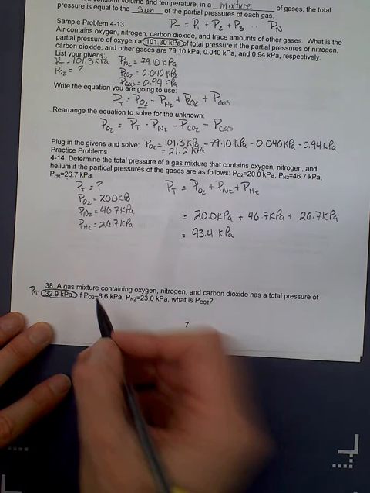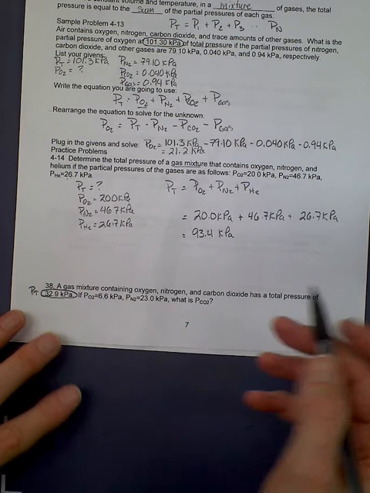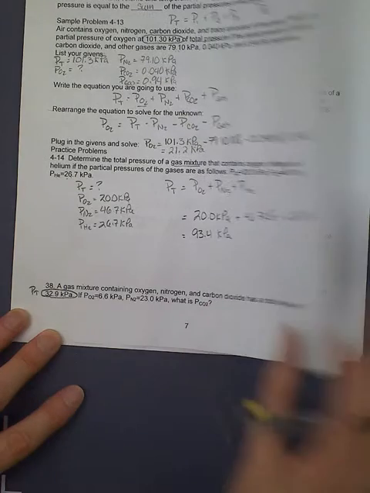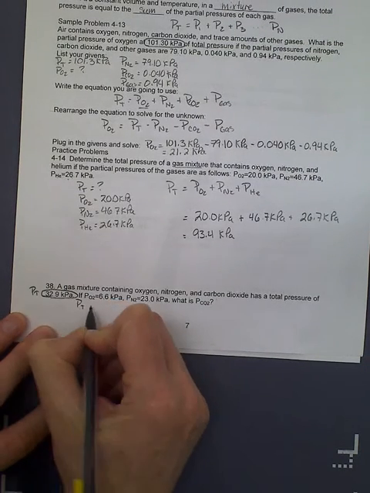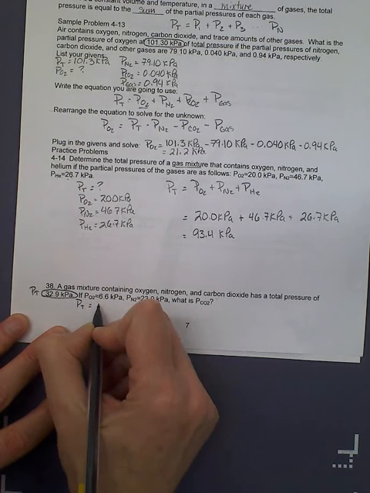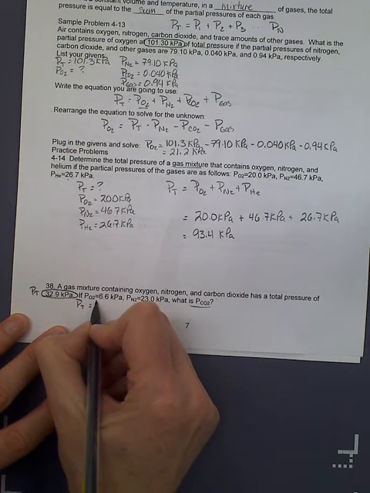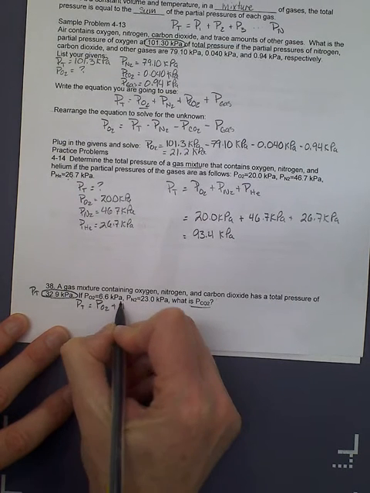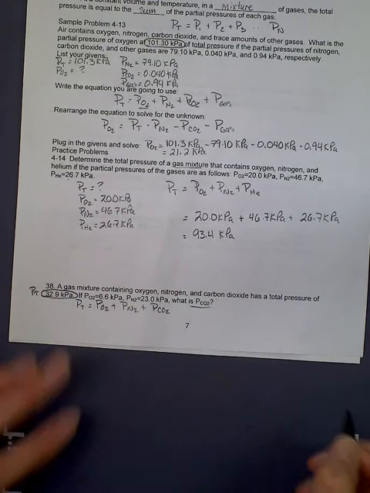They're already listed, so I'm not going to list them again. We don't have much room anyway. Okay, well, no, might as well just do it here. So we've got our equation. Actually, no, we've got to find PCO2. So we're going to have PO2 plus PN2 plus PCO2 is our original equation.